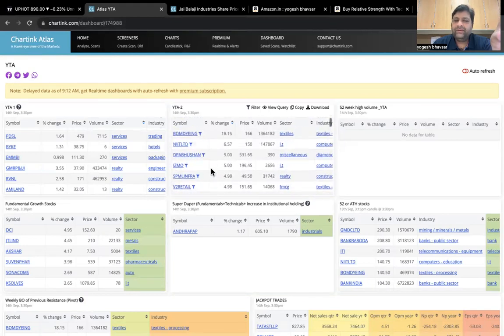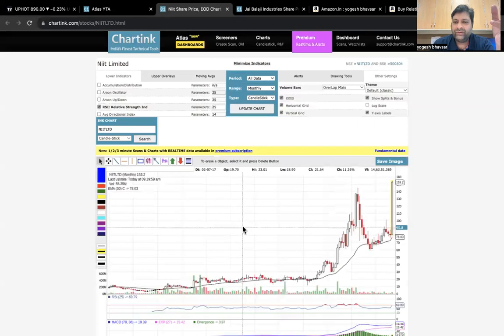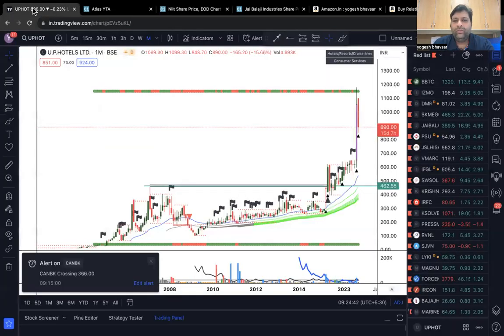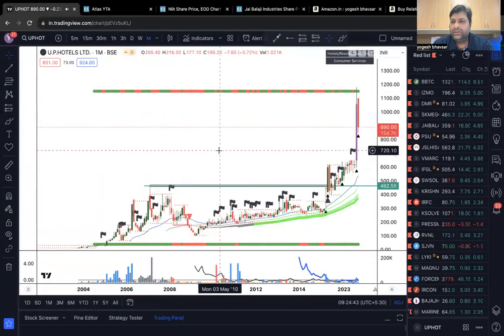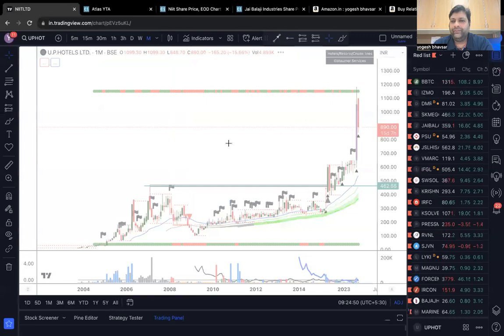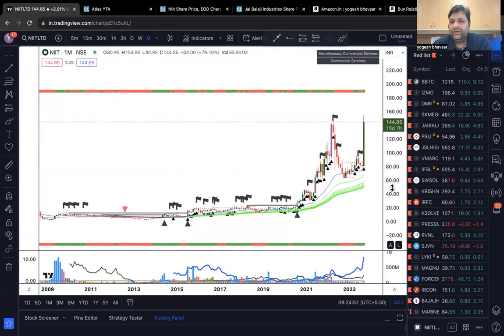Then what happens is that once I find any stock, say NIT, let's check how it is. See, NIT Tech has just given a fabulous breakout. So what I do is I go on my YTA system, enter NIT, and check how the stock is looking.